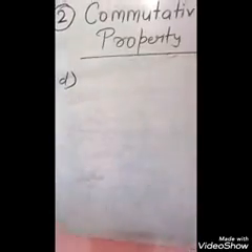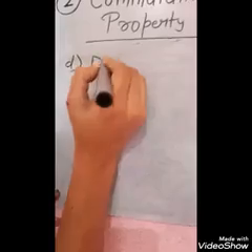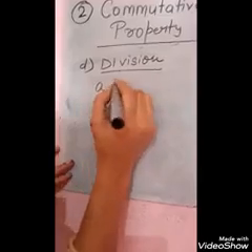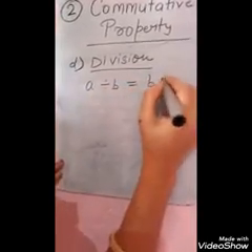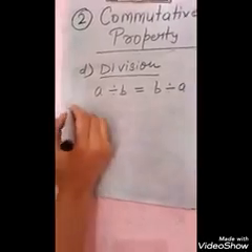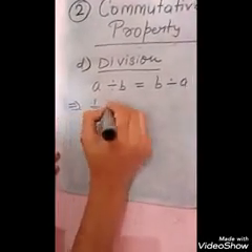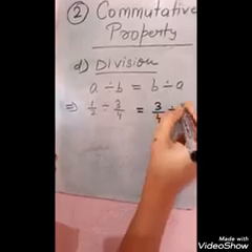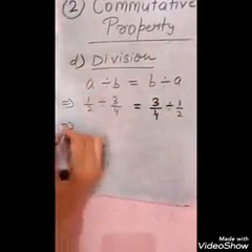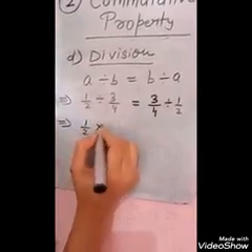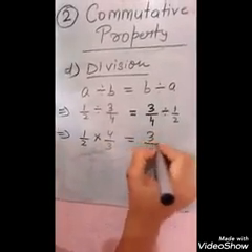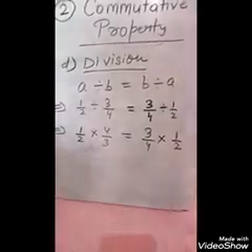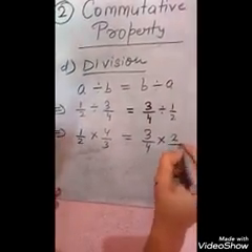After multiplication we have one operation left, that is division. Now we will check the commutative property for division also, and for that A divided by B should be equal to B divided by A. Let us check this. We will again take two examples, 1 by 2 divided by 3 by 4, and on the right side 3 by 4 divided by 1 by 2. Now solve both sides: 1 by 2 into 4 by 3, and 3 by 4 into 2 by 1, because whenever we change divide into multiply, the number will be reversed.